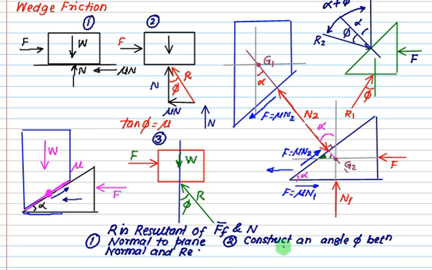Step number 2, construct an angle of phi between normal and resultant, on the opposite side of the direction of force, which is explained in this case. So this is the external force, this is the normal, so you construct on the opposite side, and do not write normal, just show R at angle of phi.